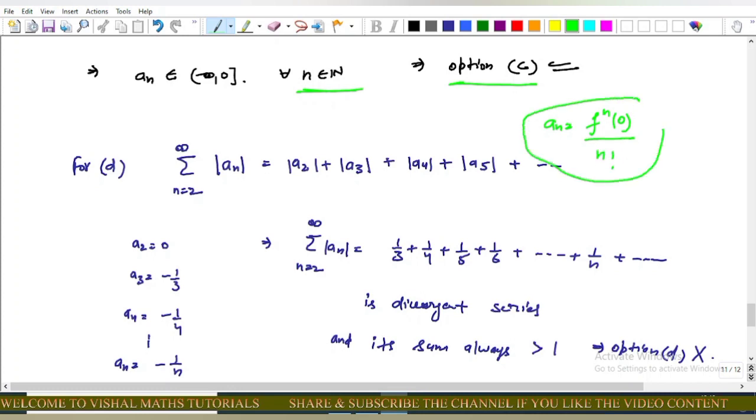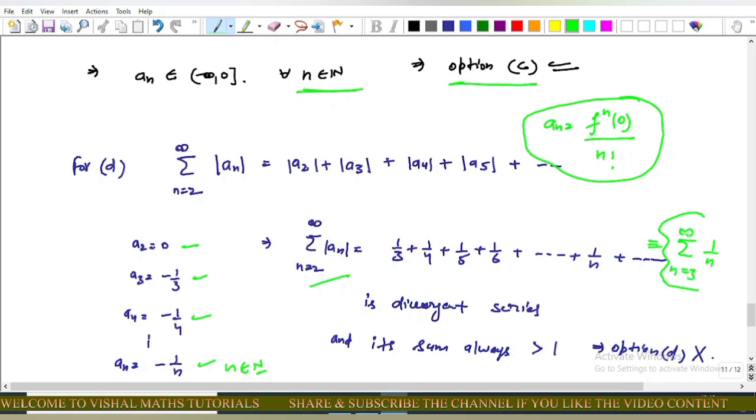So using this result, a2 is equal to 0, a3 is equal to minus 1 upon 3, and a4 is equal to minus 1 upon 4, and an is equal to minus 1 upon n for every n belonging to the set of natural numbers. So this series is equal to 1 upon 3 plus 1 upon 4 plus 1 upon 5 plus 1 upon 6 up to 1 upon n, and so on. This series is equivalent to summation of 1 upon n, where n is equal to 3 to infinity.